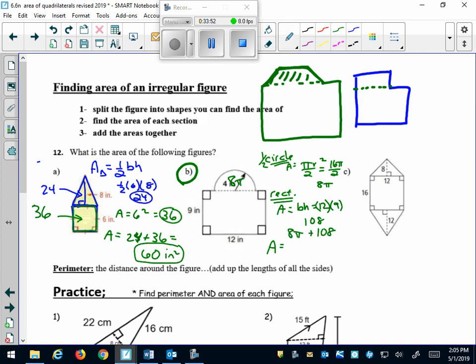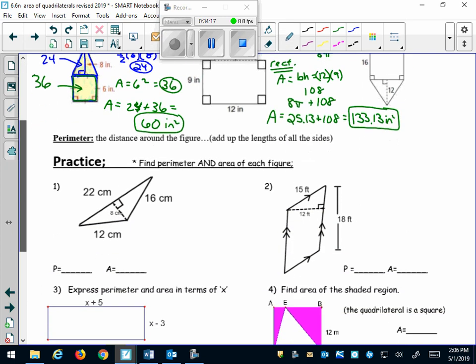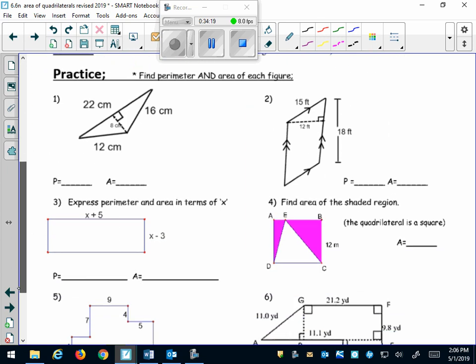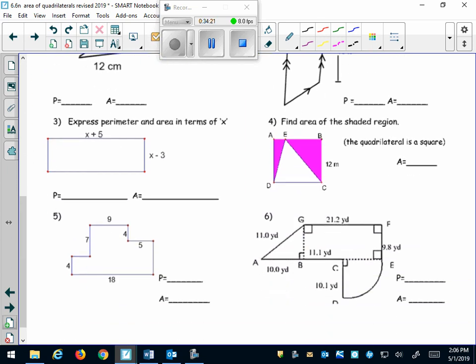So basically, we need to figure out what 8 pi is, which is about 25.13 plus 108 gives you 133.13 square inches. Okay, so that's basically what you would do with odd shapes. We'll finish this another time.